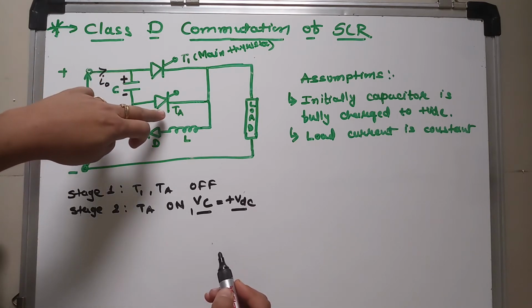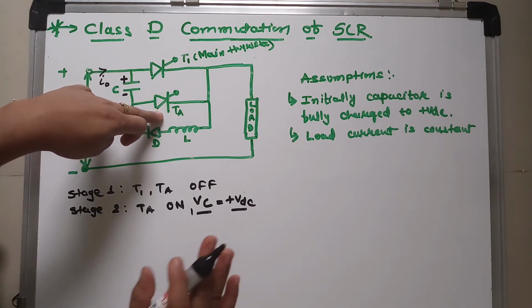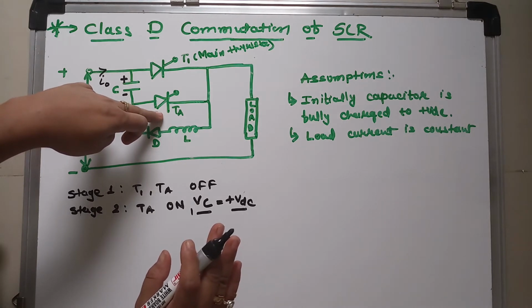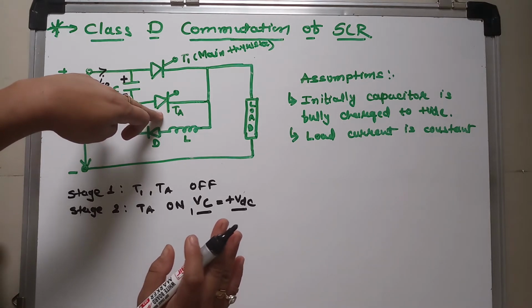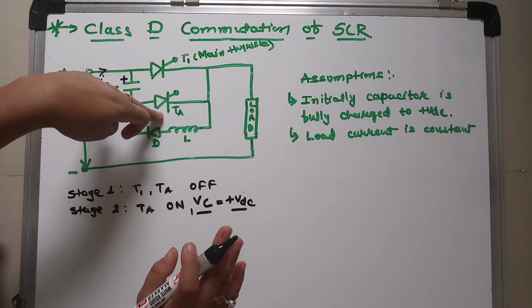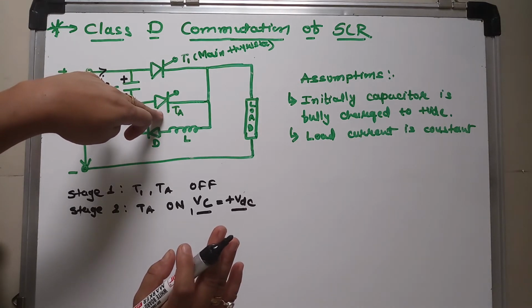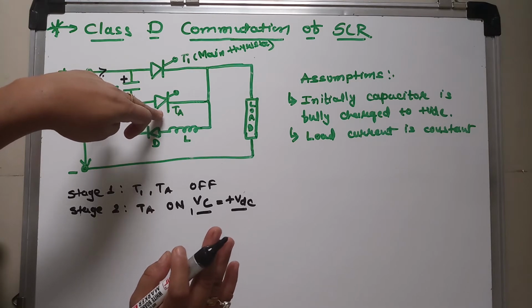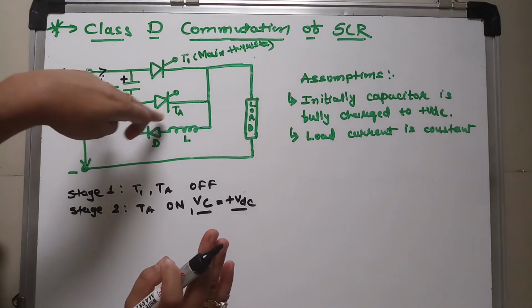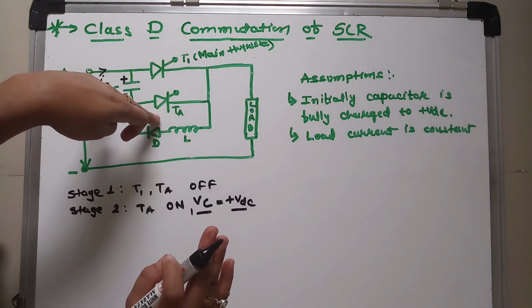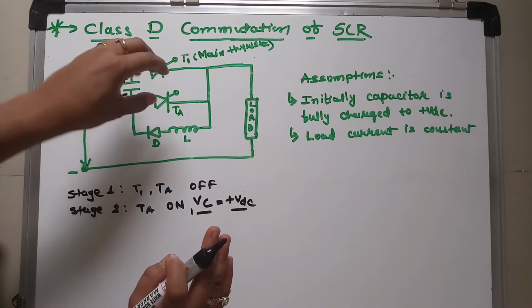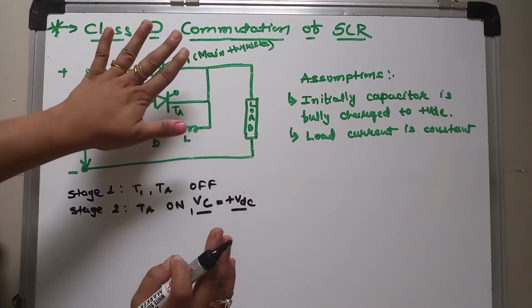As the anode current of TA goes to 0, TA is automatically turned off, as the anode current of the auxiliary thyristor decays to 0 value. Decaying to 0 means the current flowing through your auxiliary thyristor is 0, so TA is now turned off.